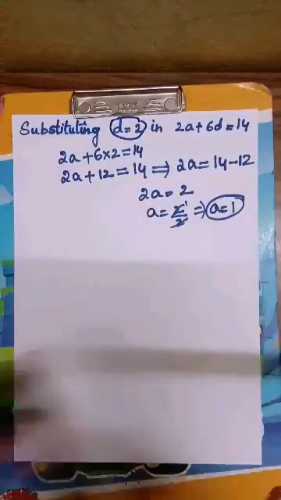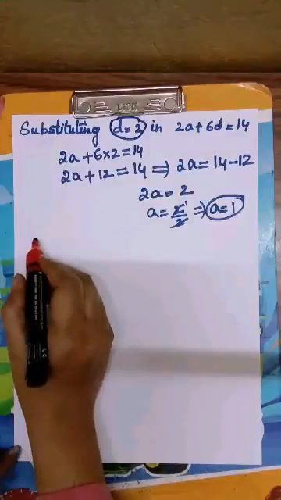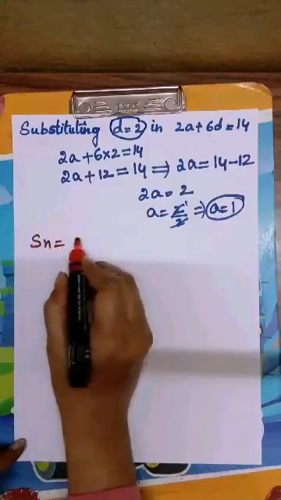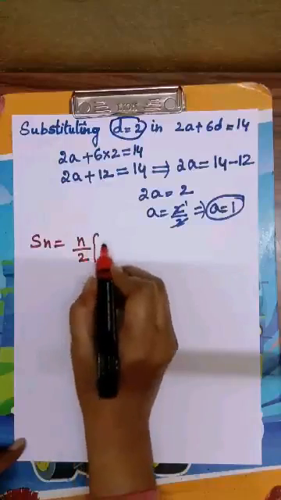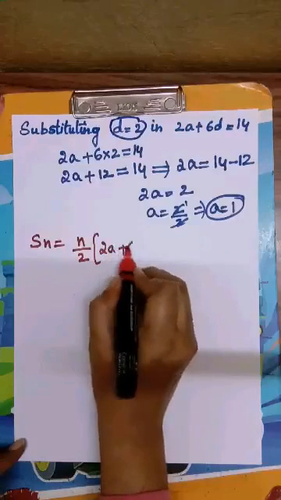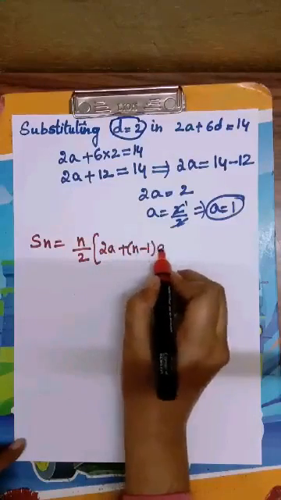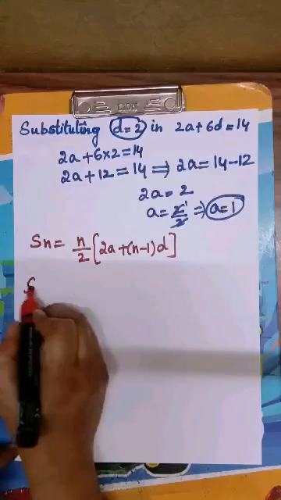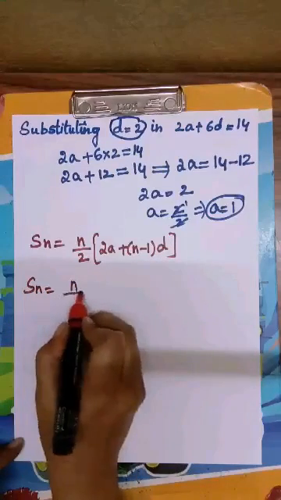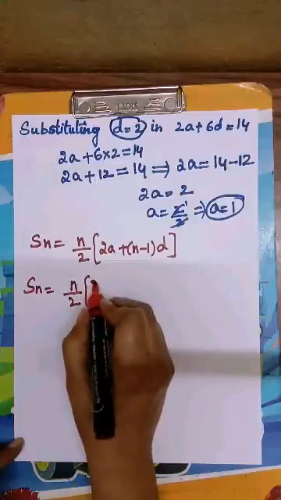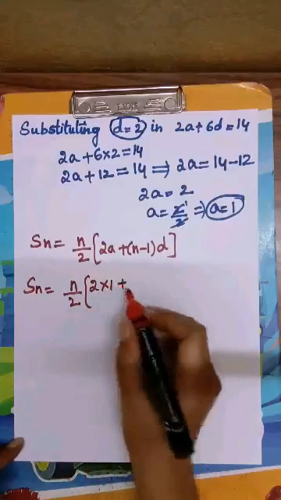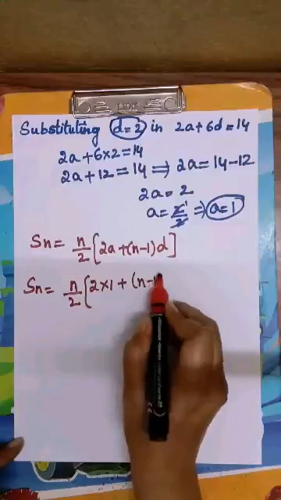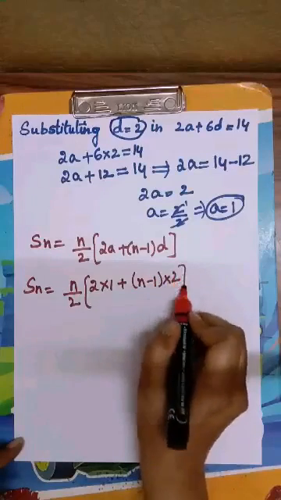What we have to find? We have to find Sn. Sn is equal to n by 2 into 2A plus n minus 1 into D. So Sn is equal to n by 2 into 2 into 1 plus n minus 1 into 2.